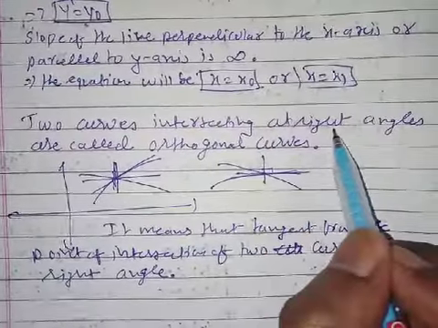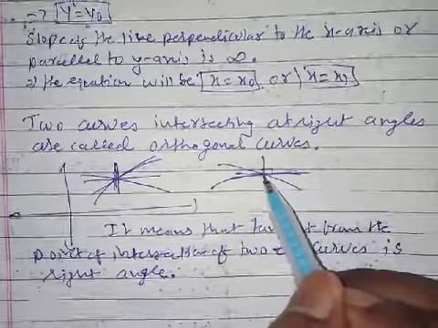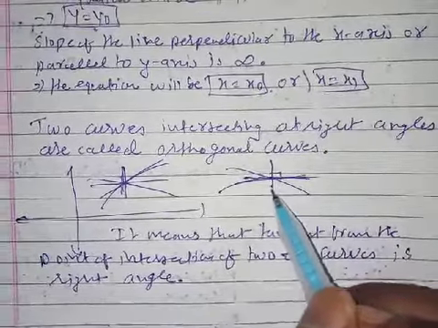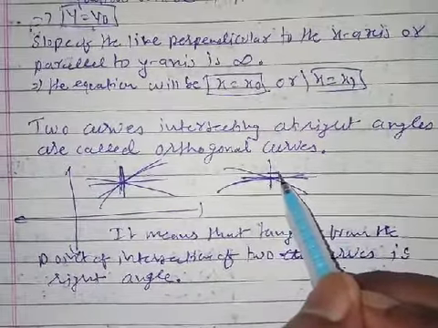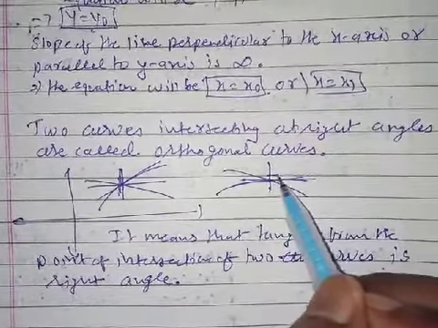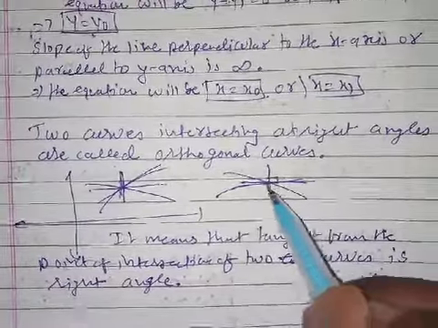If you draw the tangent at that point, it will be 90 degrees. Okay, this you have to remember.